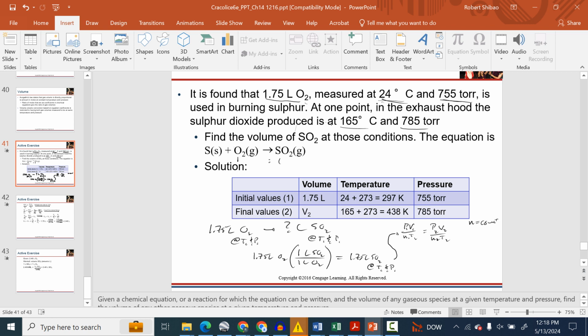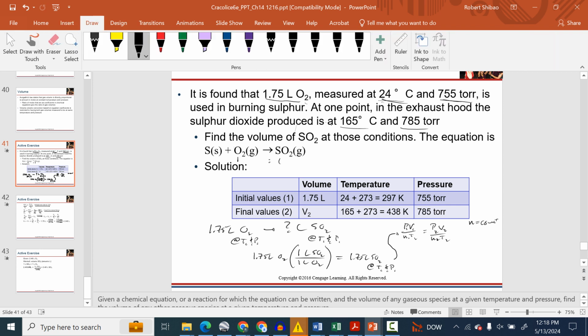If N's constant, it cancels out, so we're left with P1V1 over T1 is equal to P2V2 over T2. Now we want V2. So V2 under the new conditions is equal to P1 over P2 times T2 over T1 times V1.